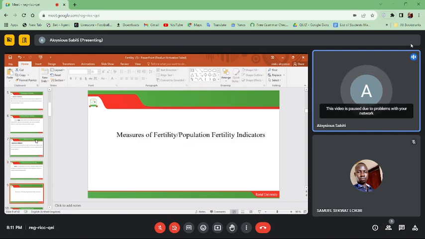So we want to look at the measures of fertility. Having looked at the introduction and some of the types of fertility, we just need to peruse through the measures of fertility.